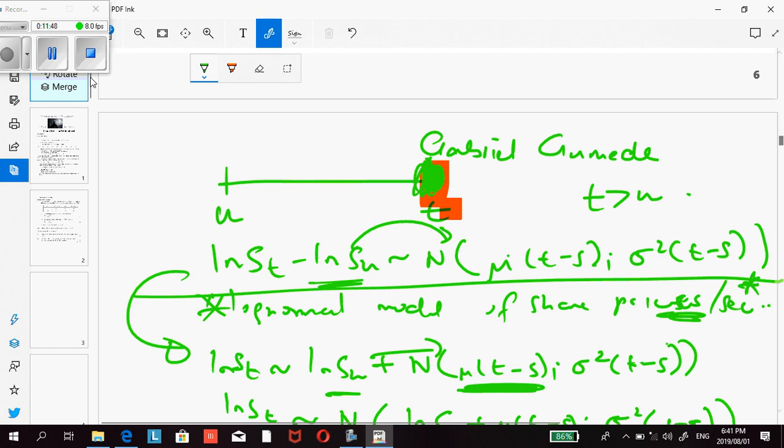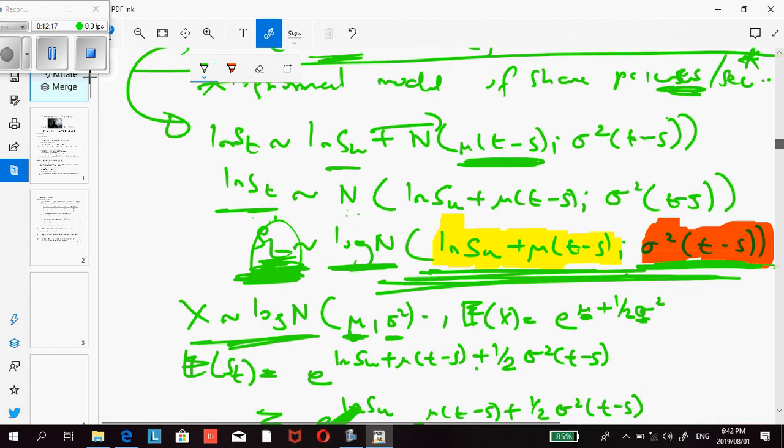But the moment I'm changing this u to, maybe I'm starting at time 3, and I'm interested in the future, maybe at time 7, then we might have problems on how to write down the expected value and the variance of the share price at time 7.